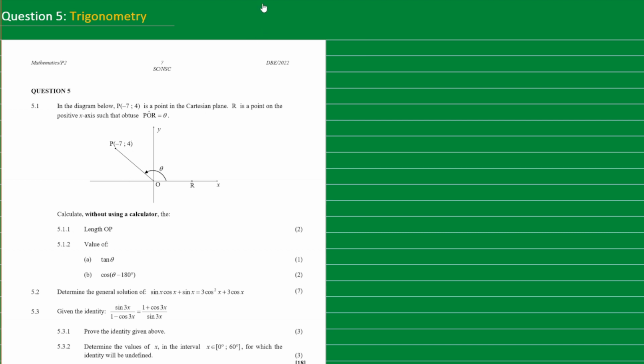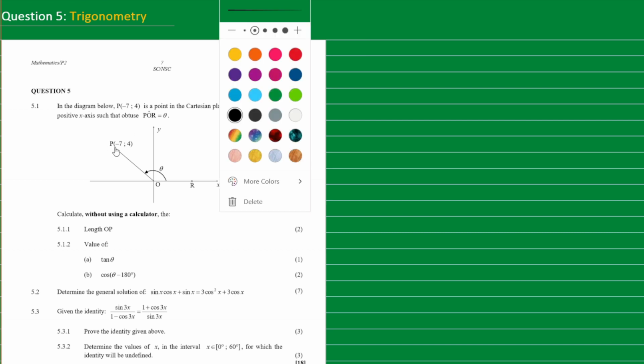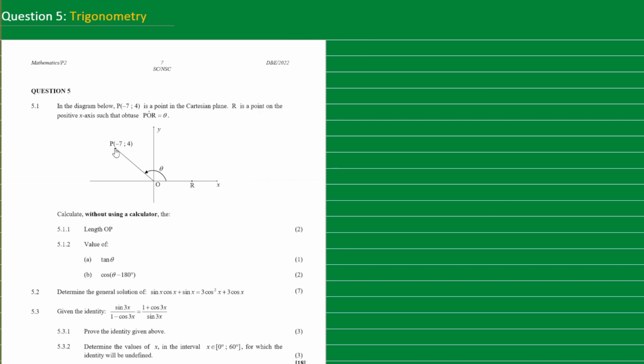So what you do here is to drop a line from P to the x-axis so that you can form a right angle triangle. So you have a right angle triangle OP and some point here where it touches the x-axis, and then the coordinates, this is the x value and the y value.